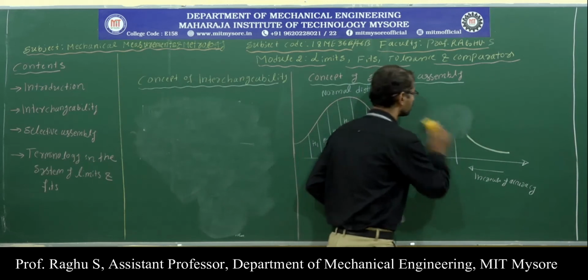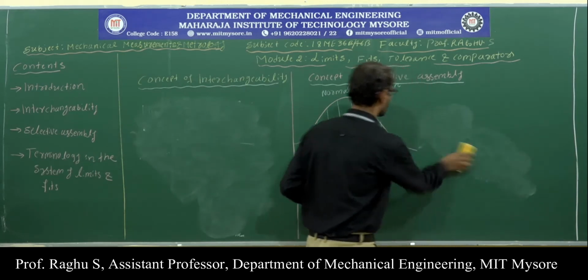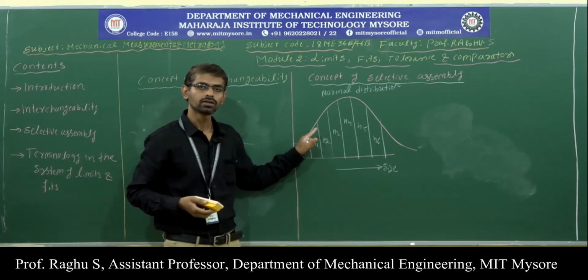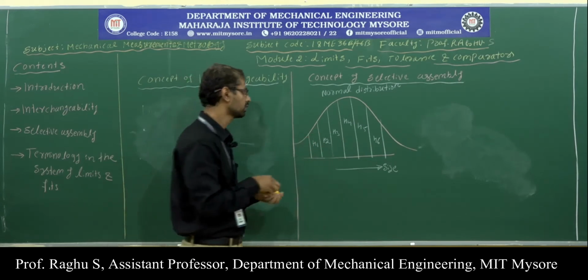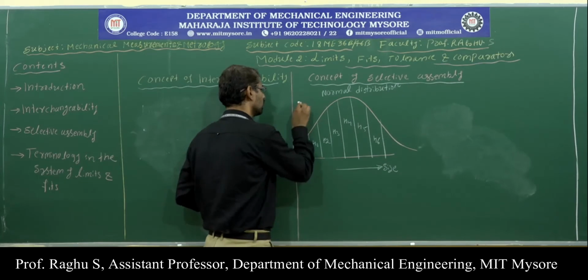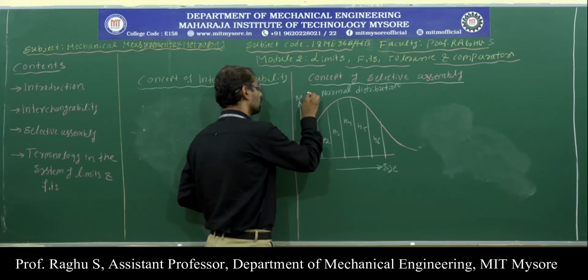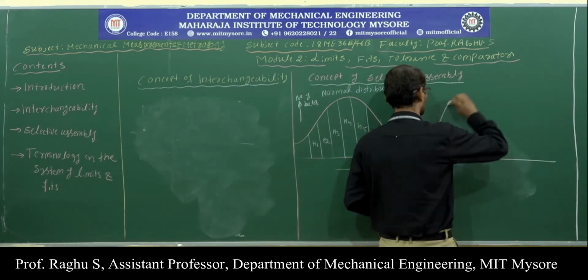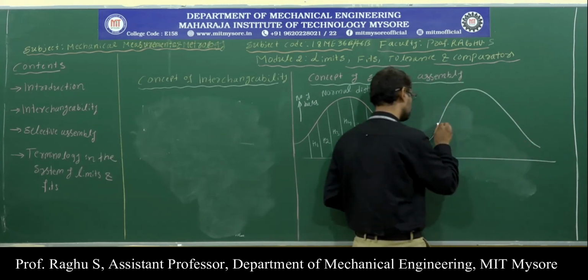Say here, this diagram shows the size distribution of holes, the number of holes. Similarly, we can write the size distribution of shafts. This is the normal distribution.